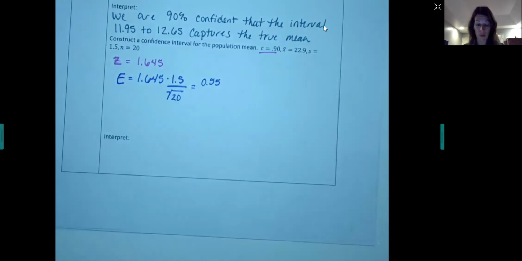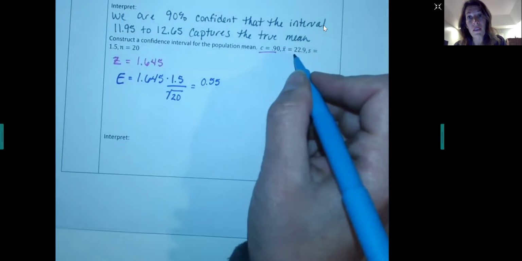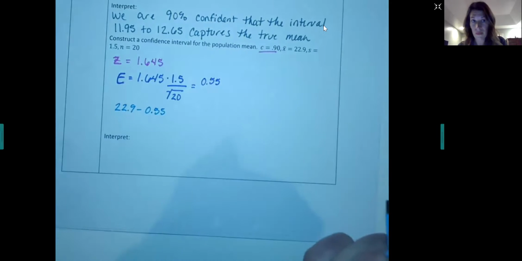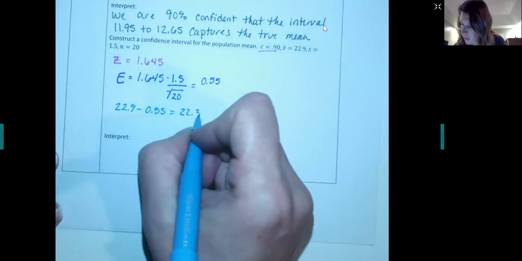So now I need to build my interval, which means I'm going to add and subtract my margin of error. I'm always going to subtract first because it gives me a smaller number. So I have to subtract it from my mean, which means 22.9 minus 0.55 gives me 22.35.